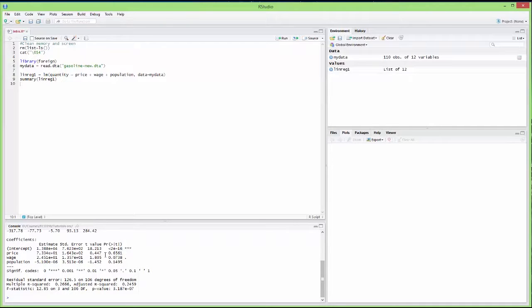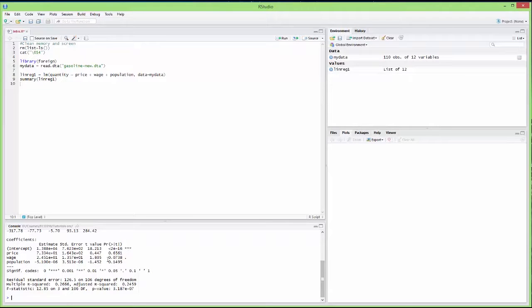Important here, we have the p-values, so we can see that the intercept is very significant. However, the price and the wage and the population are not that significant. The price seems not significant at all. The wage is significant at the 10% level because 0.07 is smaller than 0.10.